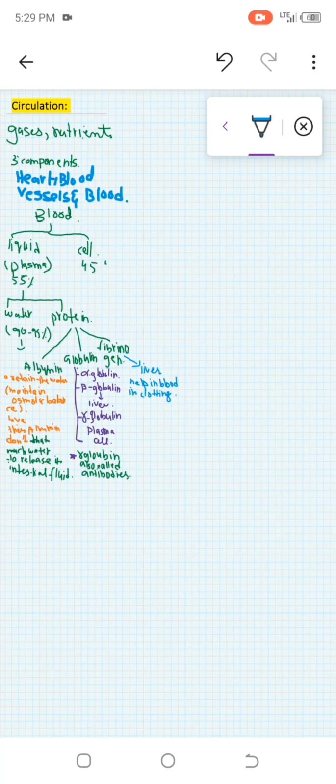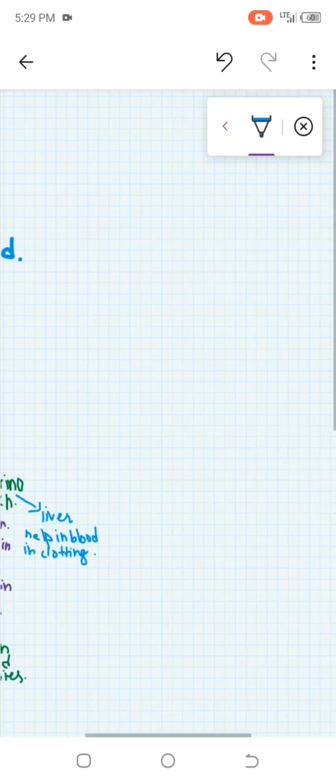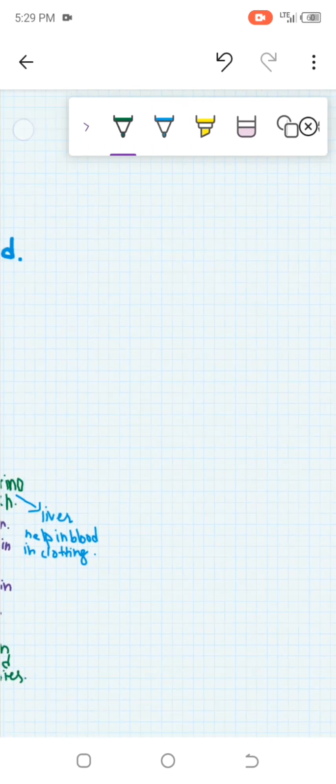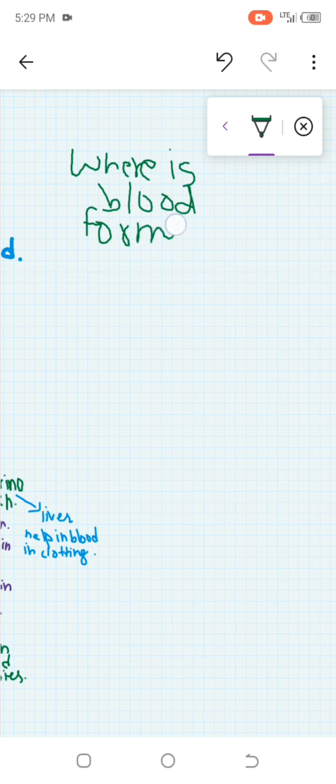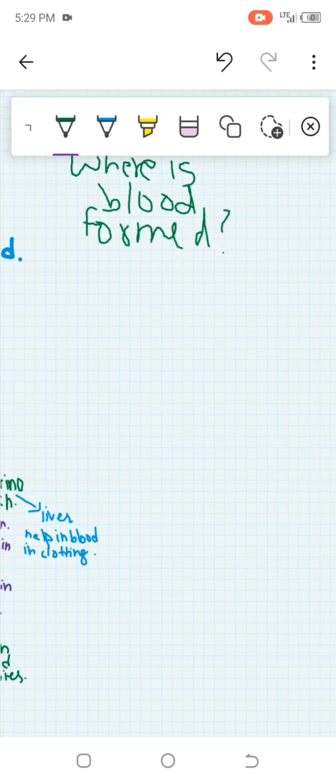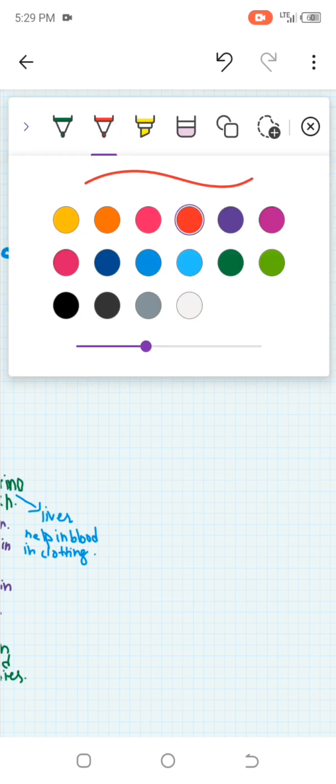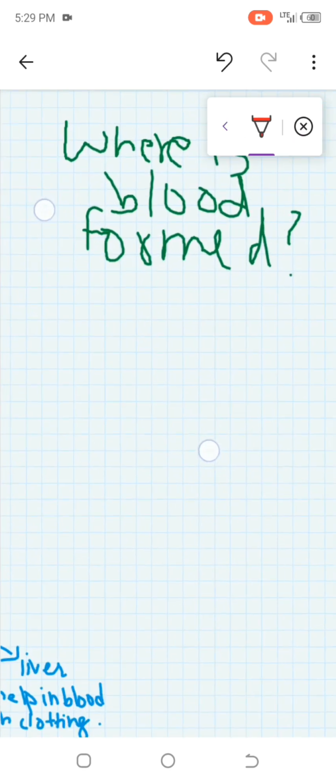Now here I'm going to tell you where blood is formed. Here you can have a look.